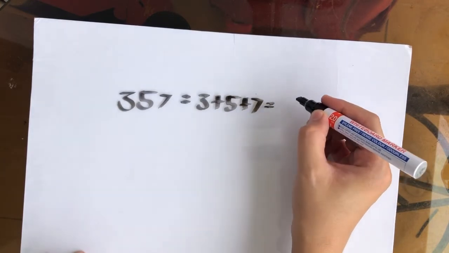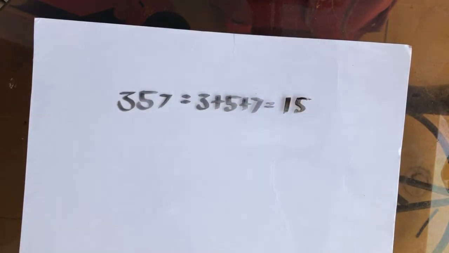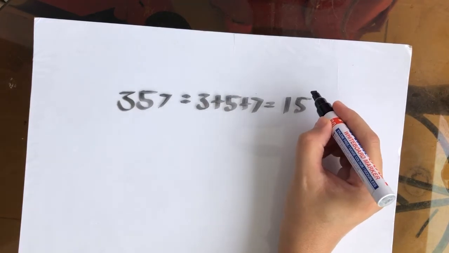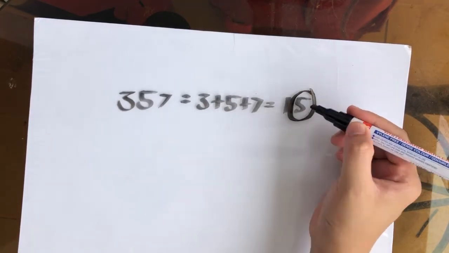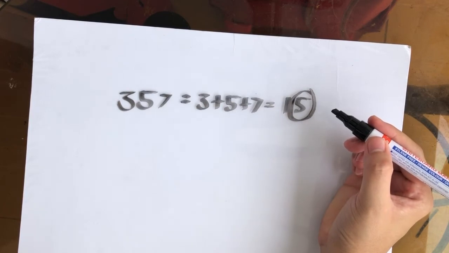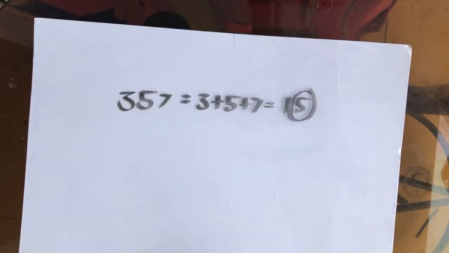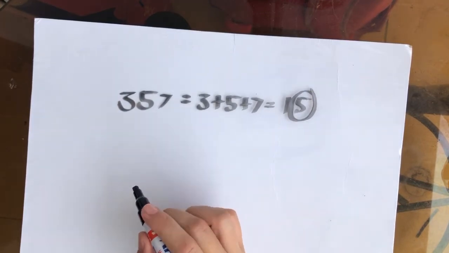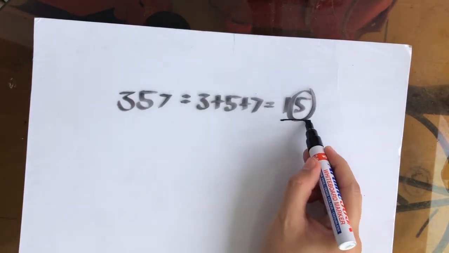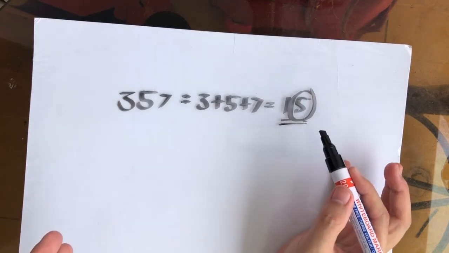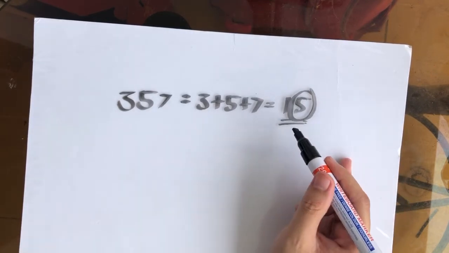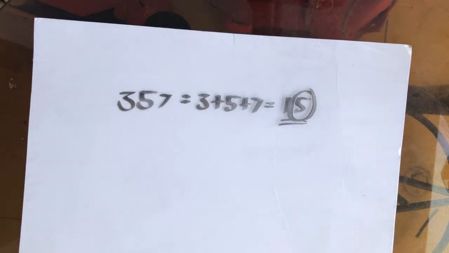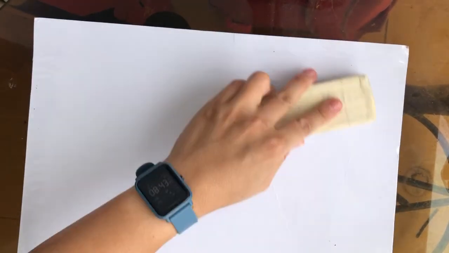The answer is 15. Okay, so ibig sabihin, hindi na siya divisible by 12. Why? Kasi, tingnan natin yung kanyang last digit. Ang last digit niya ay 7. So, mali. Hindi siya divisible by 2. Hindi na siya divisible by 12. Kung divisible by 3 naman, yes. Kasi ang number na 15 ay divisible by 3. Kaya lang, sabi nga natin, it has to be both divisible by 2 and divisible by 3. So, mali na.